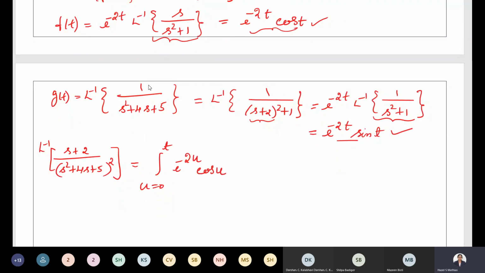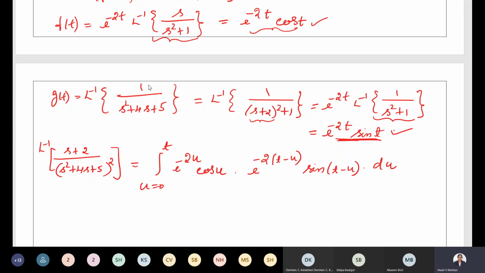Then g of t minus u. G of t is here; you have to find g of t minus u, that means replace t by t minus u. What do we get? e^(-2(t-u)) sin(t-u).